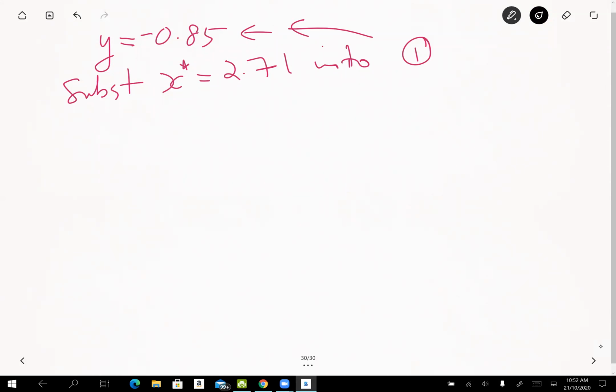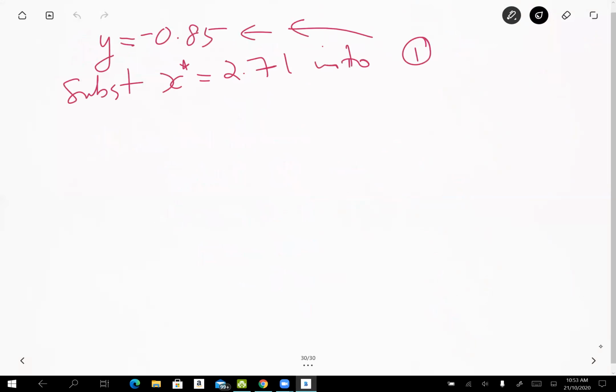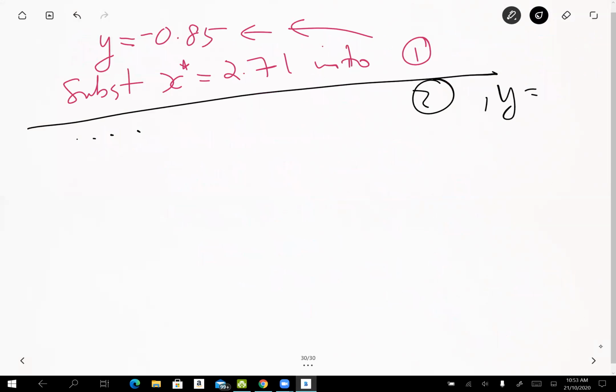Because maybe I rounded to 2 decimal points. If you want a closer answer, make it 3 decimal points, like 2.713. If I put another decimal point, the answer will be closer. If you put into 2, you'll get y equal to negative 0.87. You see, very close.